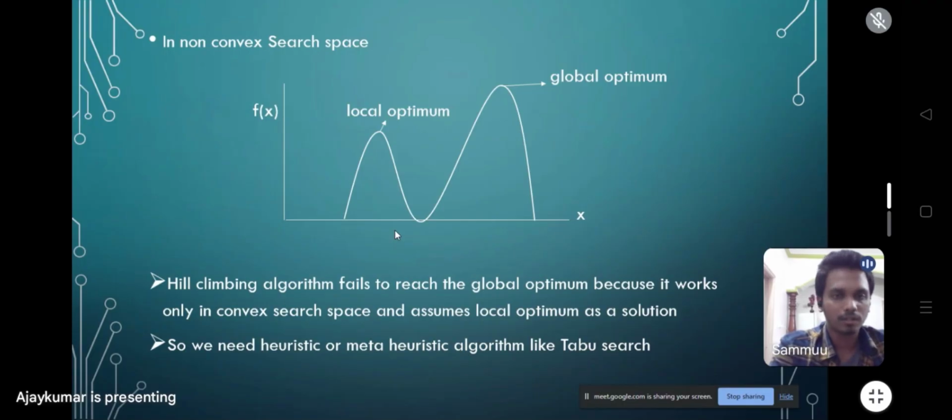What other non-heuristic algorithms do is only go to the first peak and stop there, thinking that is the global optimum, which gives the wrong result. That's why we use the Tabu search algorithm, so that it goes to the next peak as well and finds the global optimum at last. That's why we need a heuristic or meta heuristic algorithm like Tabu search.